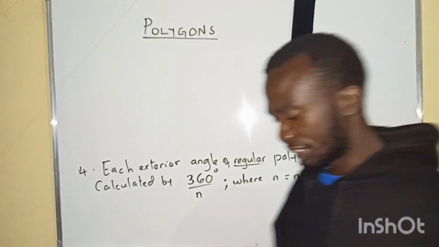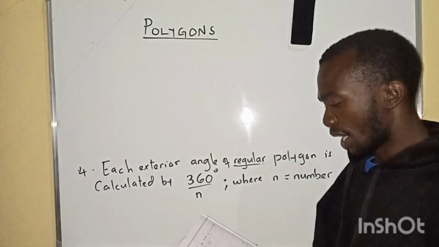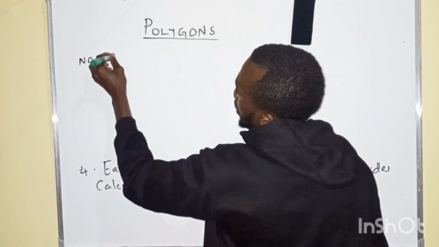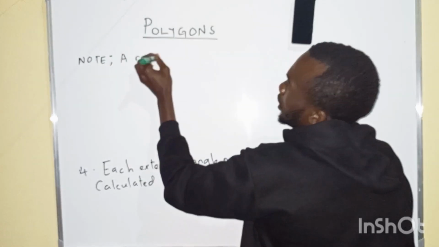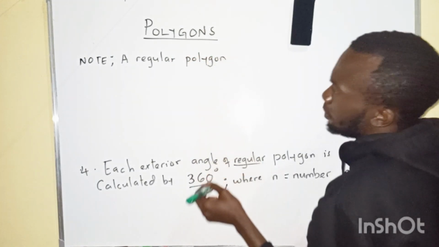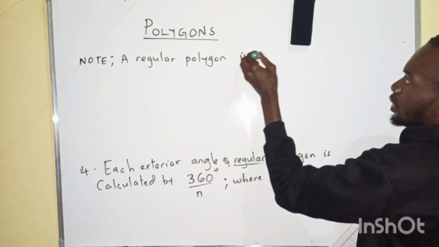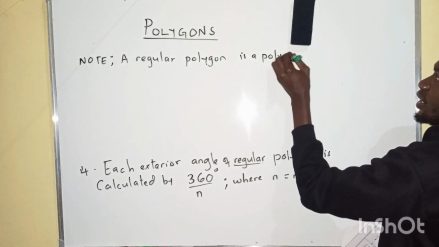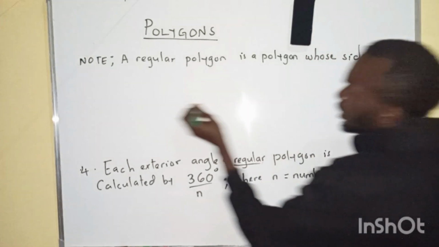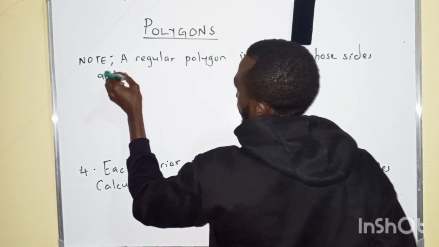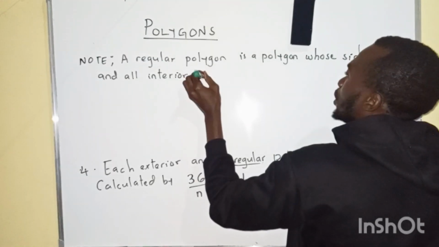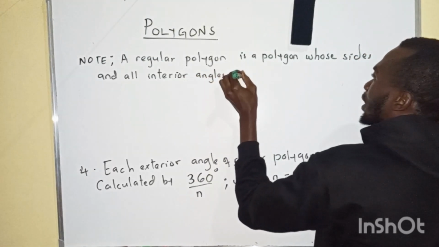A regular polygon is a polygon whose sides and all interior angles are equal.